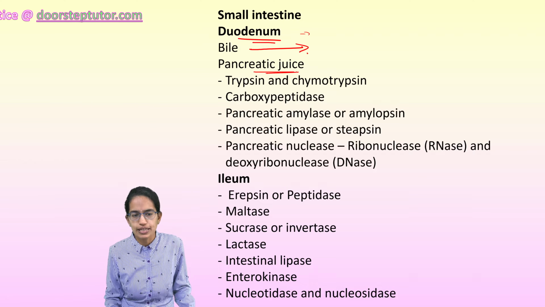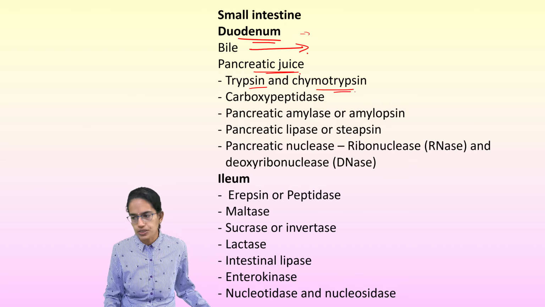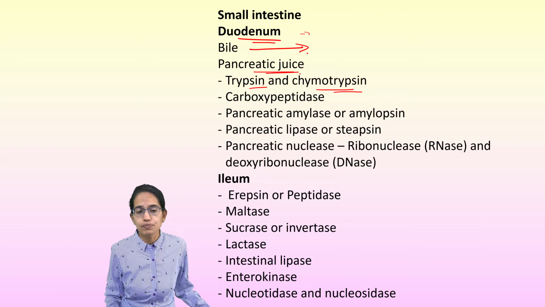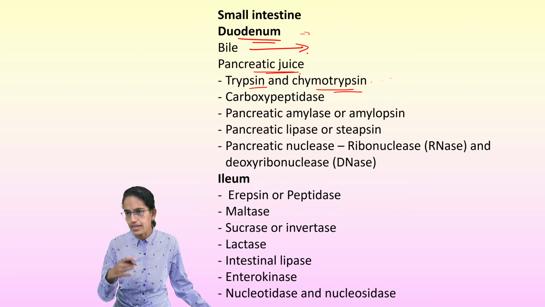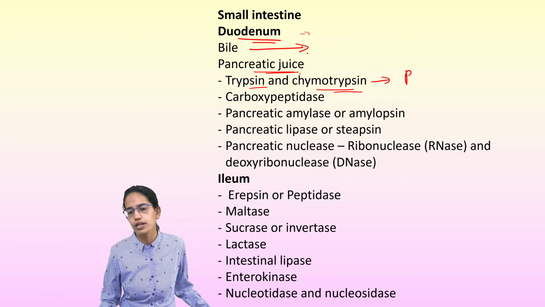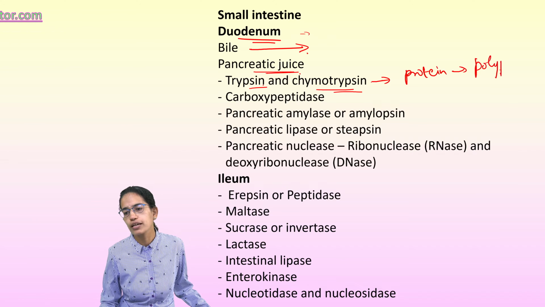The next is pancreatic juice. Under pancreatic juice, trypsin and chymotrypsin are present. They are secreted in the inactive forms as trypsinogen and chymotrypsinogen. They are made active and then they help in digestion of protein to polypeptide. So their idea is to convert protein to polypeptide.